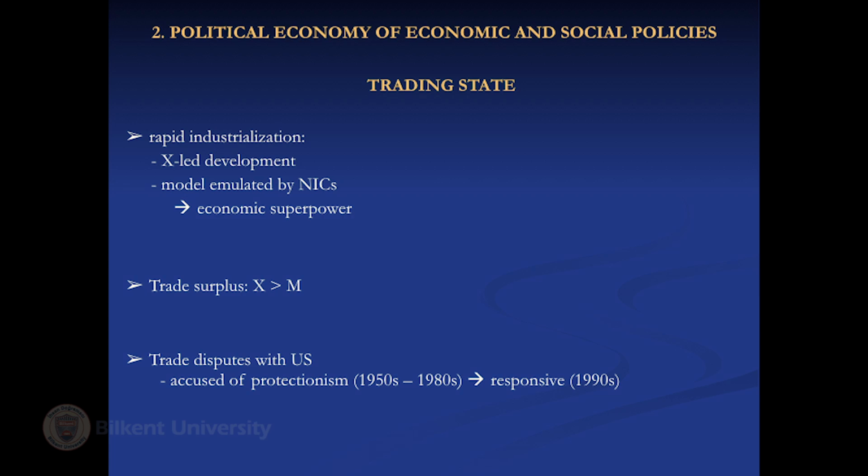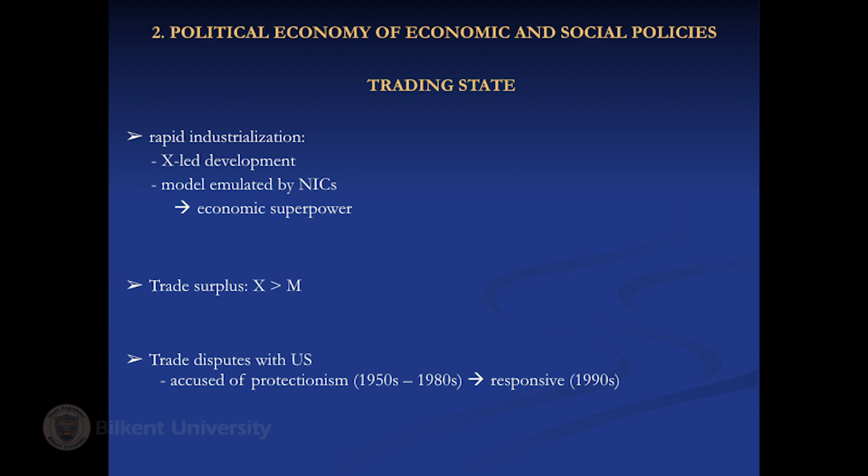So all kinds of subsidies, supports, incentives to exporting firms, picking of national champions and all that. And this model was emulated by the newly industrializing countries, NICs, the East Asian tigers, so-called.